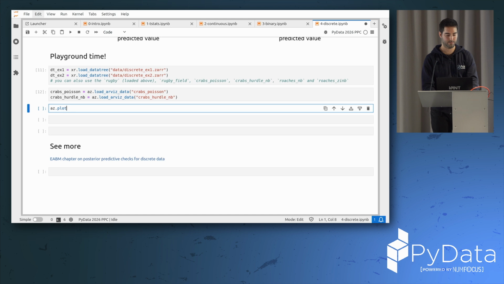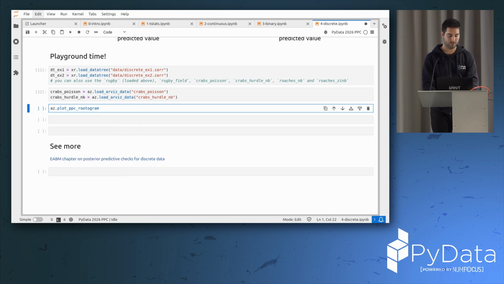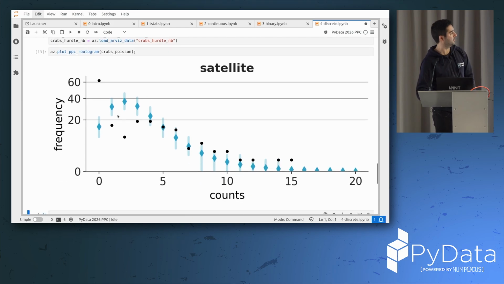So plot PPC rootogram, crabs Poisson. We see that we are predicting way too many values around 1, 2, 3, but at the same time we're predicting way too few for 0.